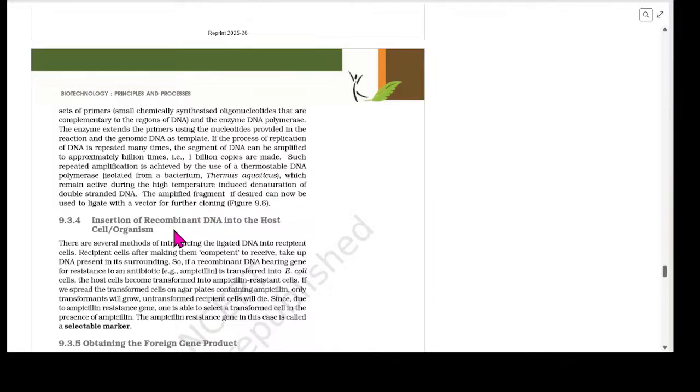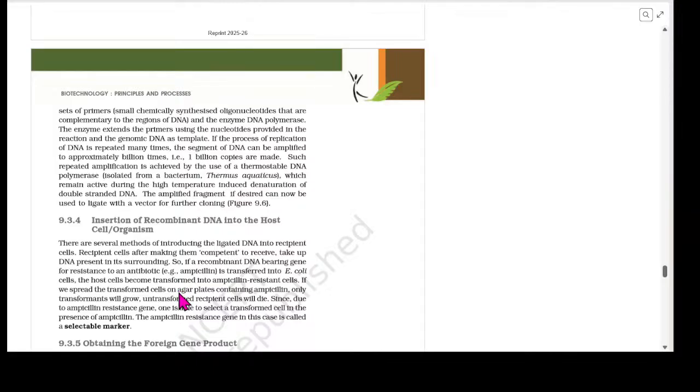Next topic, insertion of recombinant DNA into the host cell organism. There are several methods of introducing the ligated DNA into recipient cells. Recipient cells, after making them competent to receive, take up DNA present in their surrounding. So, if a recombinant DNA bearing a gene for resistance to an antibiotic, for example ampicillin, is transferred into the E. coli cells, the host cells become transformed into ampicillin resistant cells.